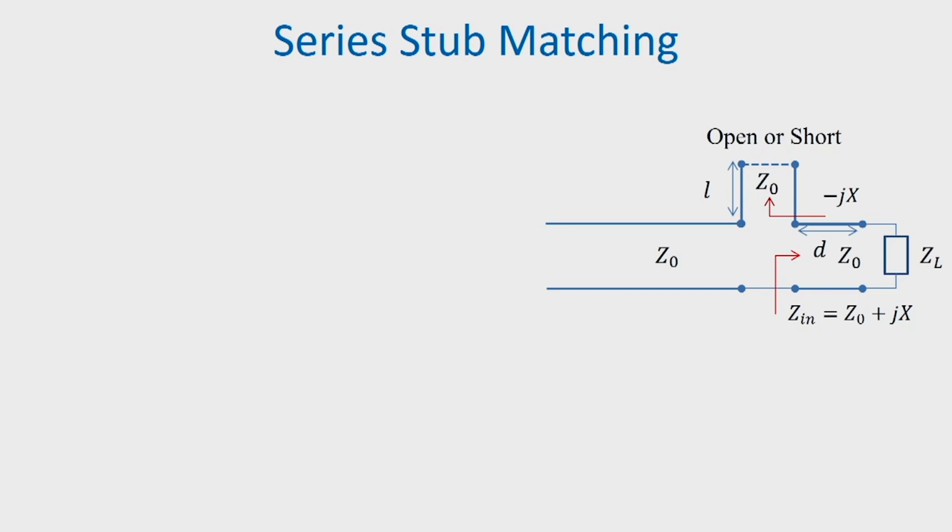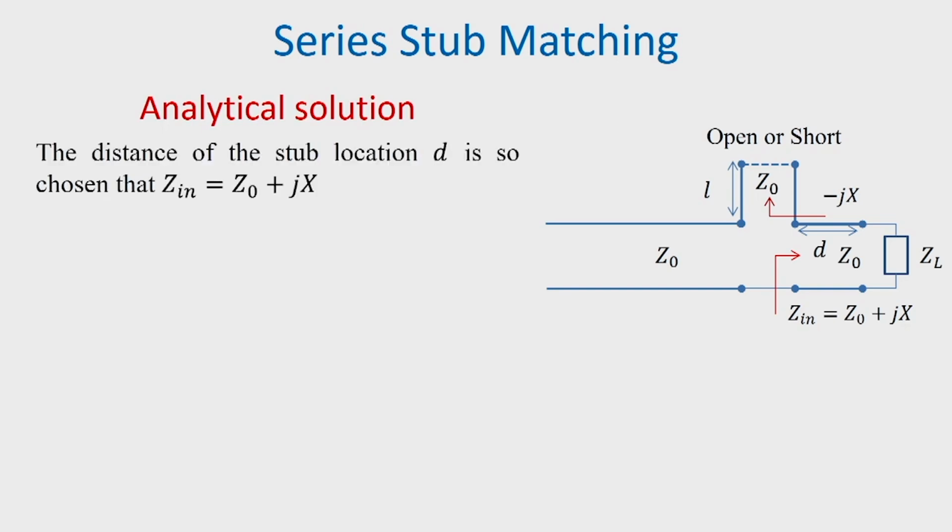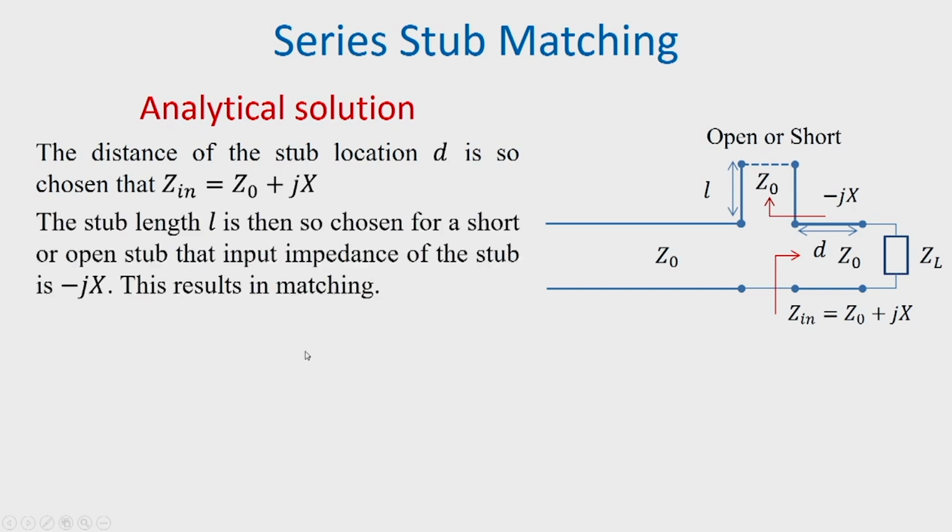We want to find this distance D and also the length of the stub L. As we have already mentioned, at the stub location D, the input impedance Z in is Z naught plus jX, and we need to choose the length L of the stub, a short circuited stub or an open circuited stub, in such a way that the input impedance of the stub looking at this point is equal to minus jX, and this will result in matching.